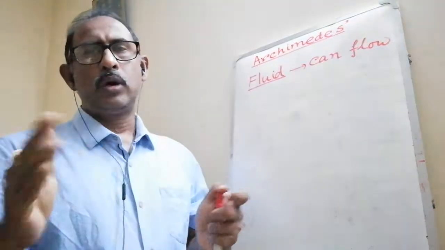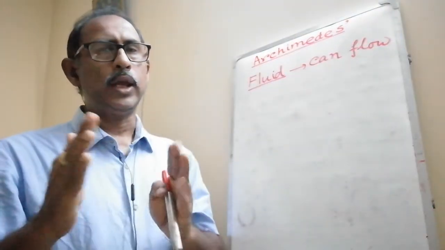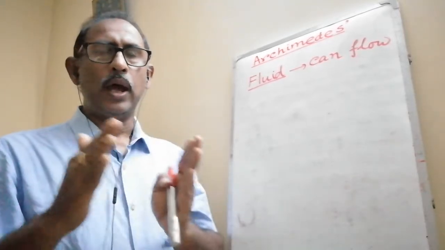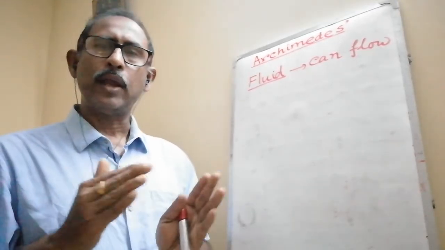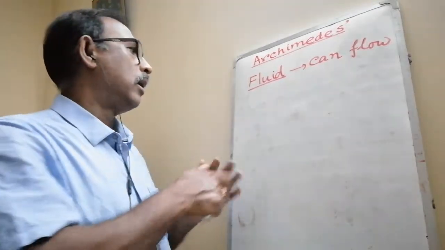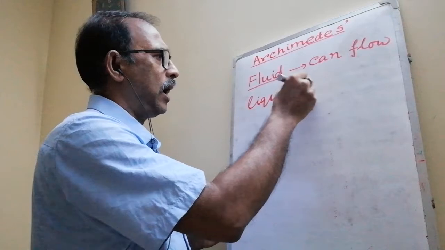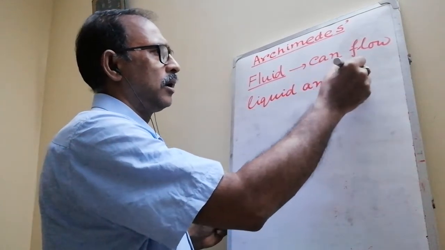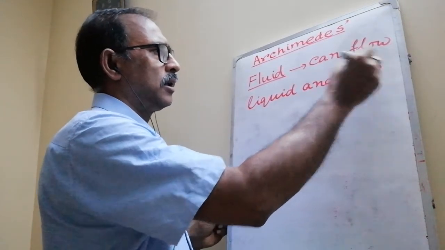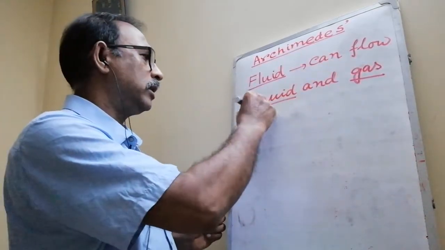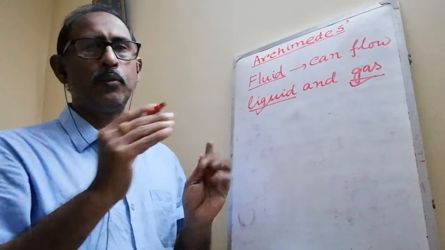There are three types of substance: solid, liquid and gas. Liquid and gas can flow. That is why these two are known as fluids.